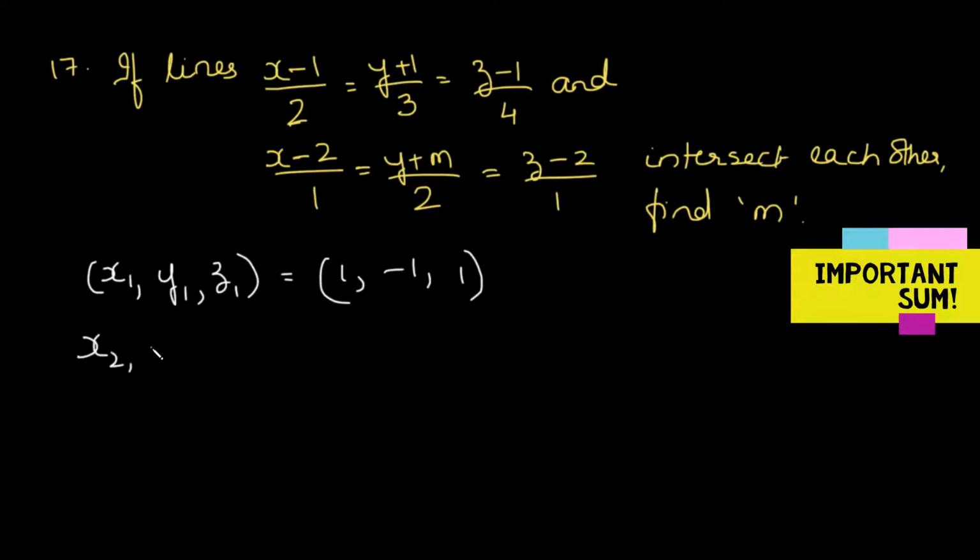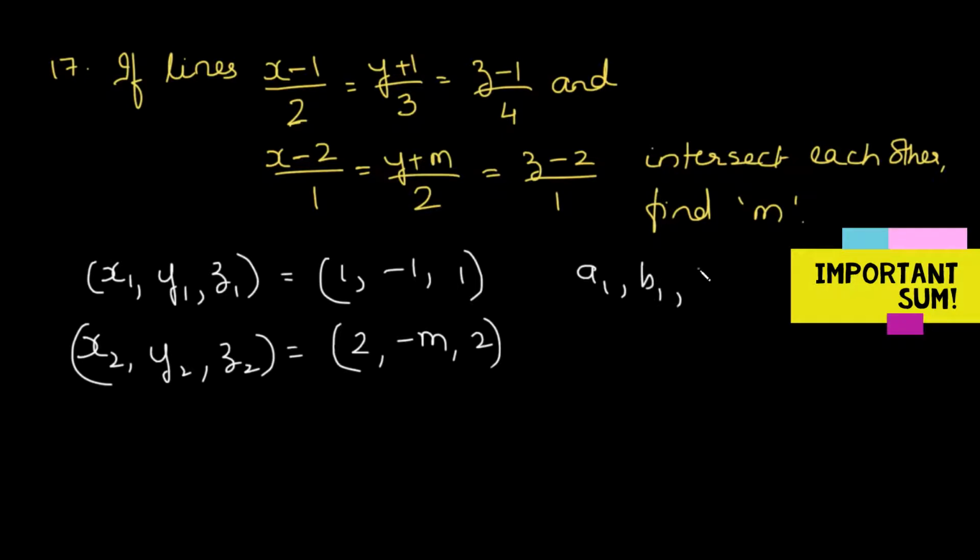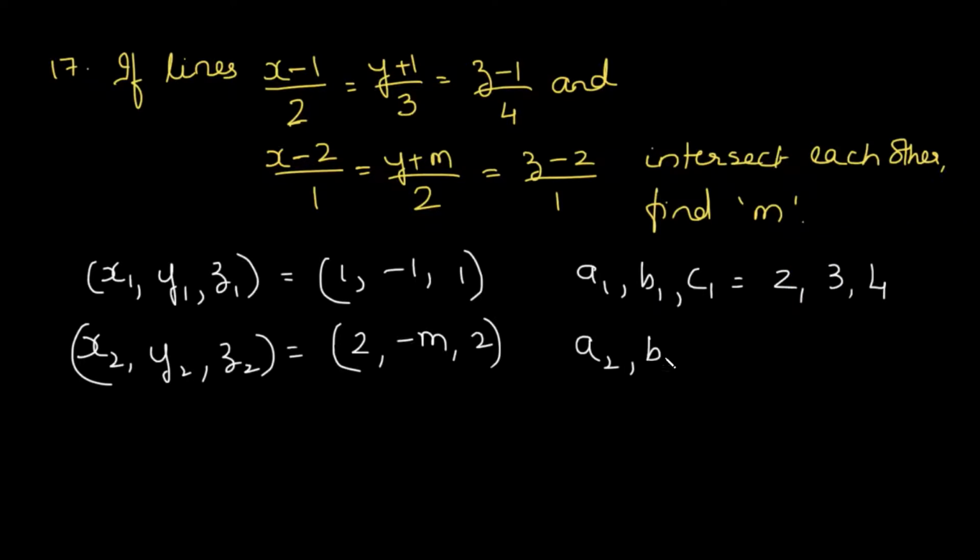Similarly, x2, y2, z2 is equal to 2, minus m and 2. So these are the values. Similarly, a1, b1, c1, the direction ratios of the first line, are 2, 3, 4, and the direction ratios of the second line are 1, 2, 1. So we have all these values given to us.